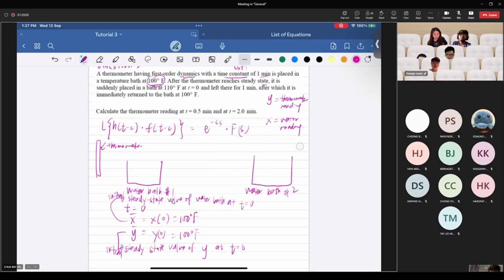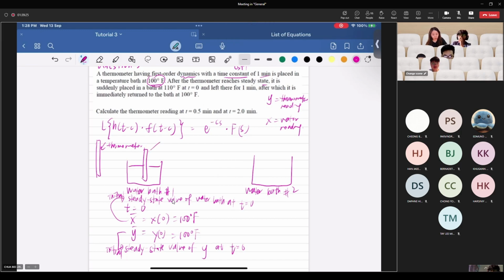Okay. So now, when everything already in equilibrium, the water bath reading and the thermometer reading will be the same. So initially at T equals to 0, initial value for the water bath is 100, as well as the thermometer reading also 100. Okay, now a change is happened.